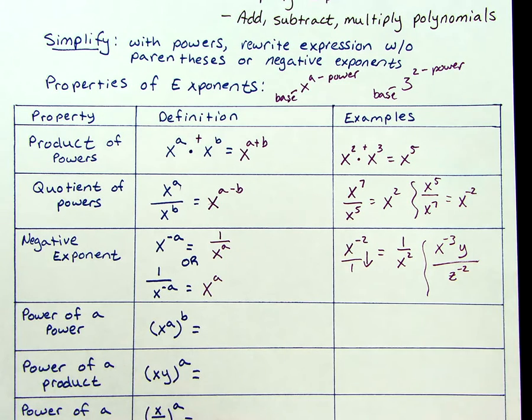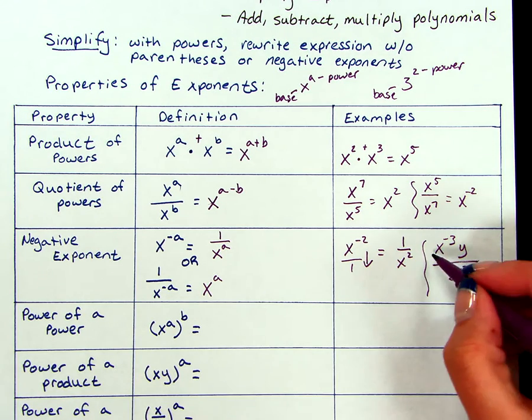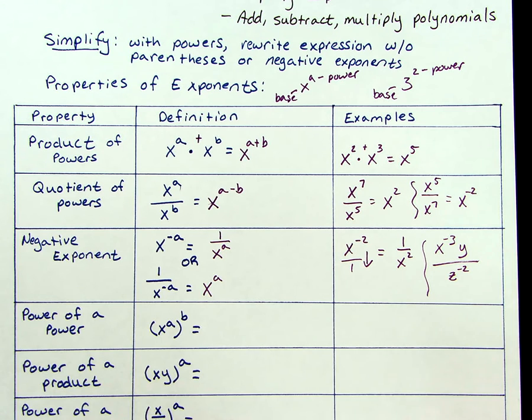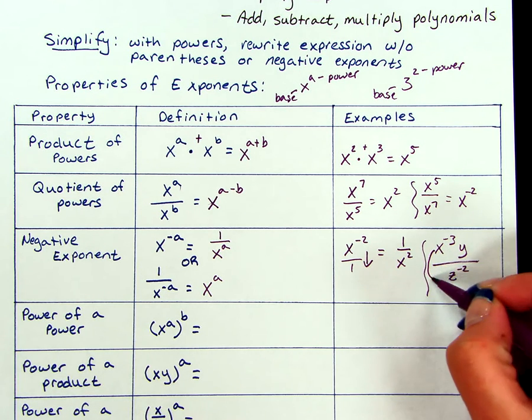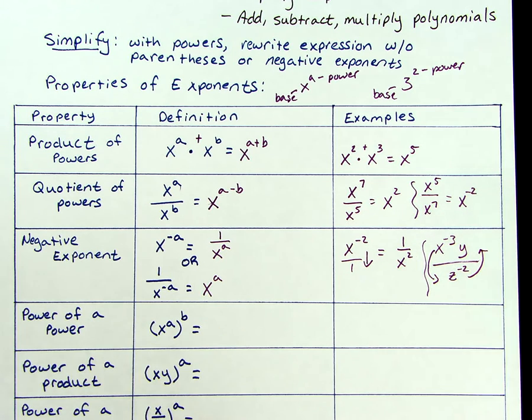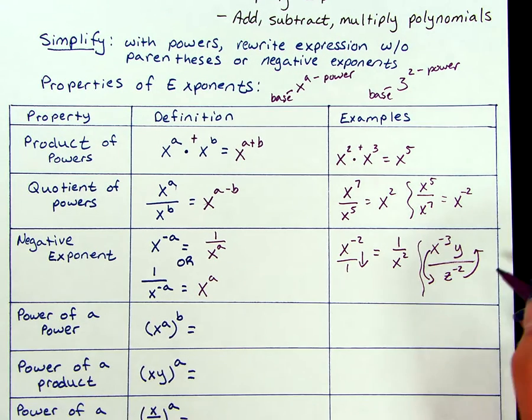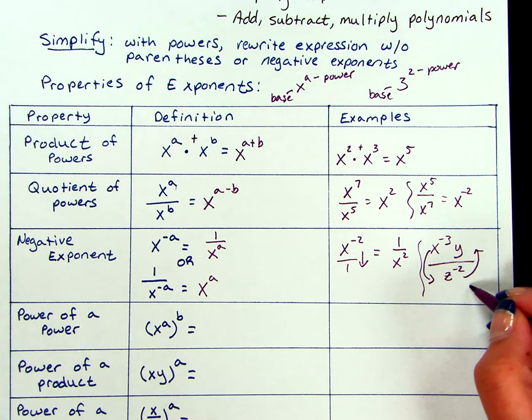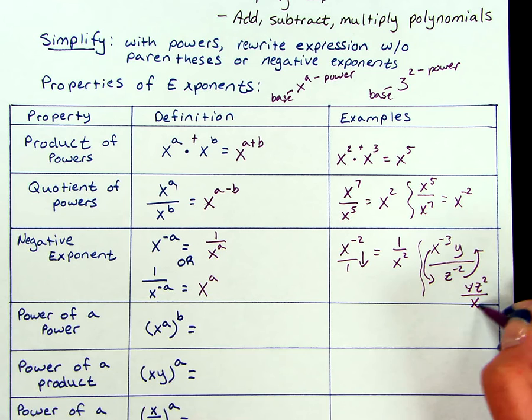So again, we're not allowed to have negative exponents. So we move the ones that are negative, and their powers become positive after we move them. So the x would go down to the denominator, the z would go up to the numerator, and your y would stay the same. So our simplified answer to this would be y, z to the positive 2 over x to the positive 3.